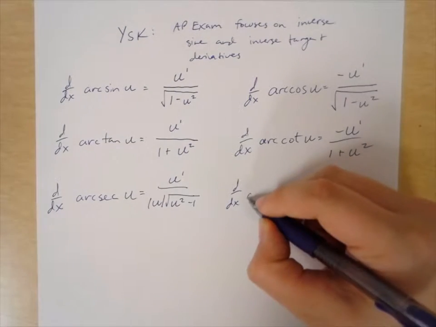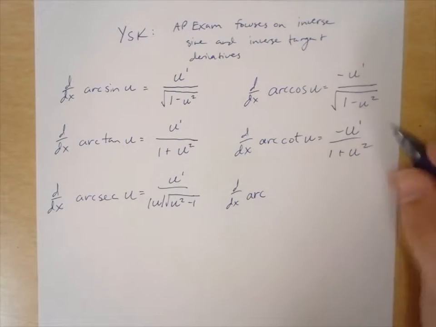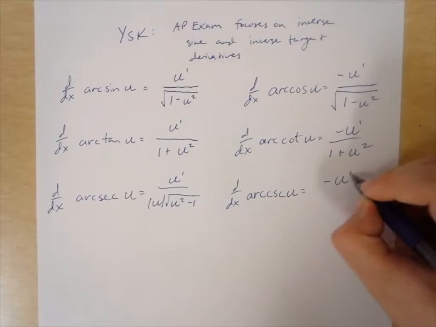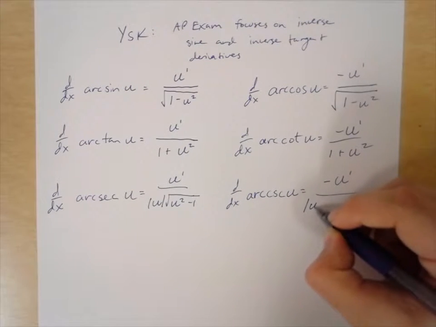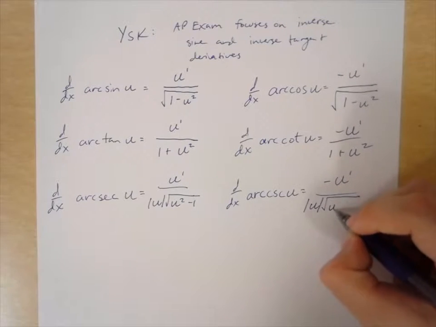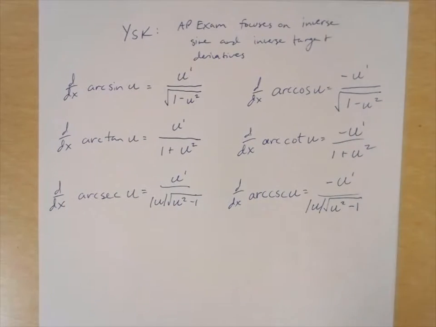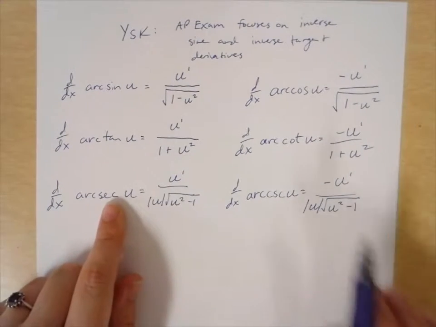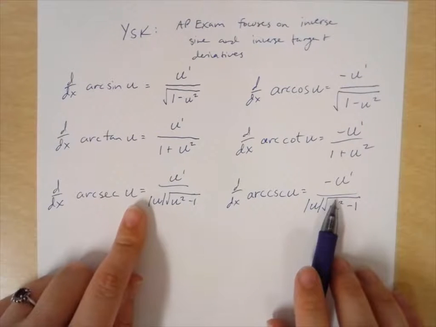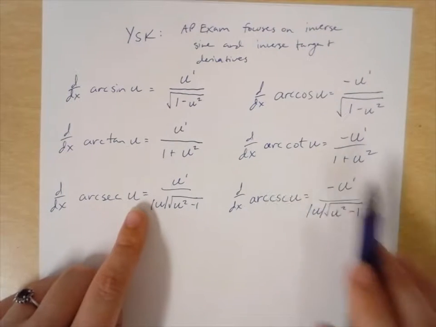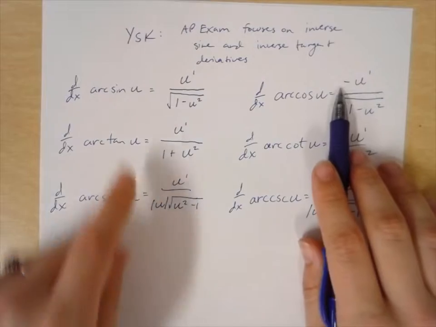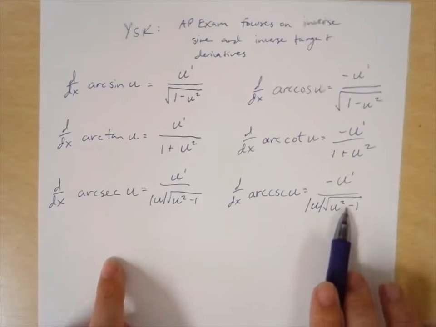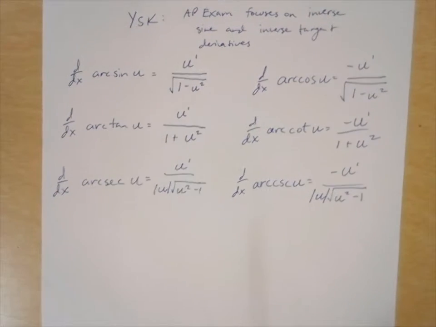And lastly, derivative of the inverse of cosecant is negative u prime all over absolute value u over square root of u squared minus 1. Again, notice the similarities between the inverse of secant and the inverse of cosecant. We have almost exactly the same thing, except cosecant is negative, and that happens with cotangent and cosine between sine and tangent. So we have these relationships clearly going on. Make it a little bit easier for you to remember.